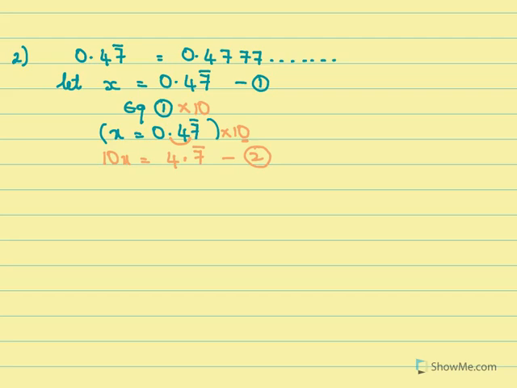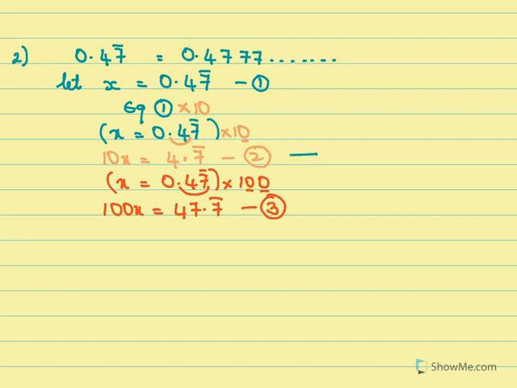Now in this case I need to take again my equation 1, that is x equal to 0.47 bar, and multiply it by 100. So I'll get 100x equal to, there are 2 decimals, so it will come up here, 2 decimals, so it will be 47.7 bar. This is my equation 3.